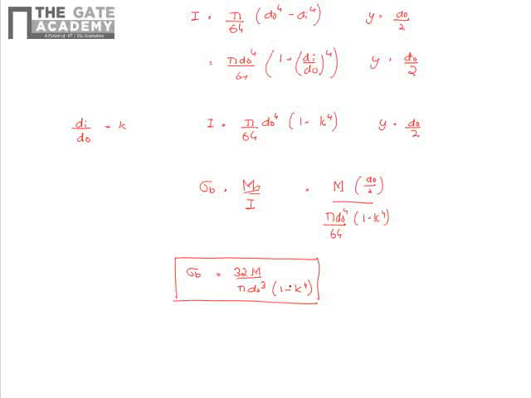This is the bending stress in a hollow shaft. M is the maximum bending moment in the shaft, Do is the outer diameter, Di is the inner diameter, and the diameter ratio k is the ratio of inner diameter to outer diameter. This is a normal stress which comes mainly due to the bending moment acting in the shaft.